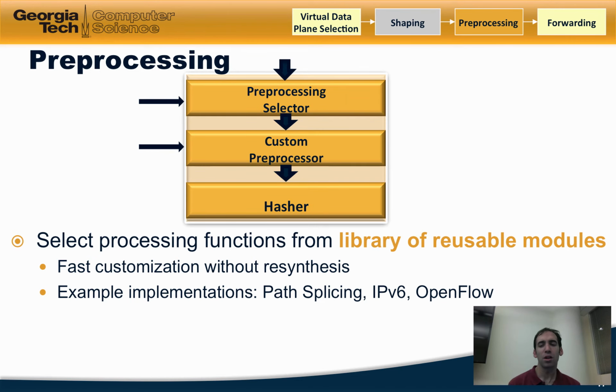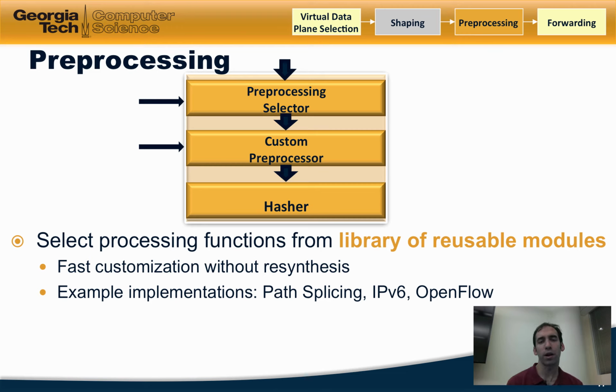Switchblade selects processing functions at this step from a library of reusable modules that have already been synthesized in the programmable hardware. The preprocessor thus allows a programmer to quickly customize the packet processing pipeline without needing to resynthesize or reprogram functions using a hardware description language.